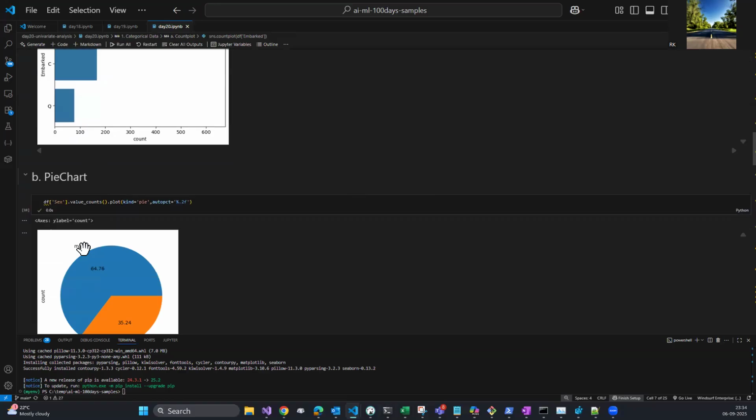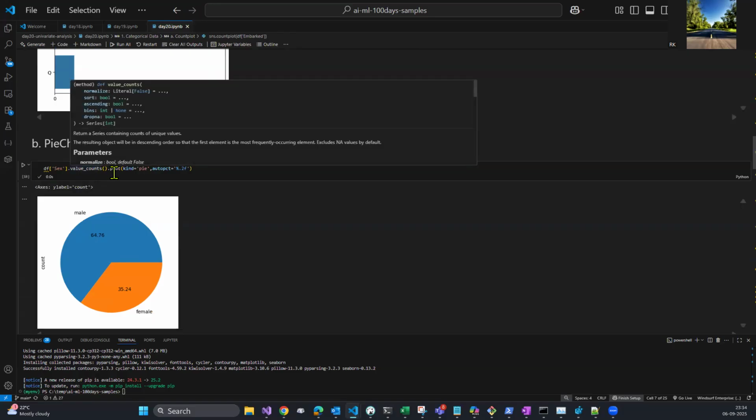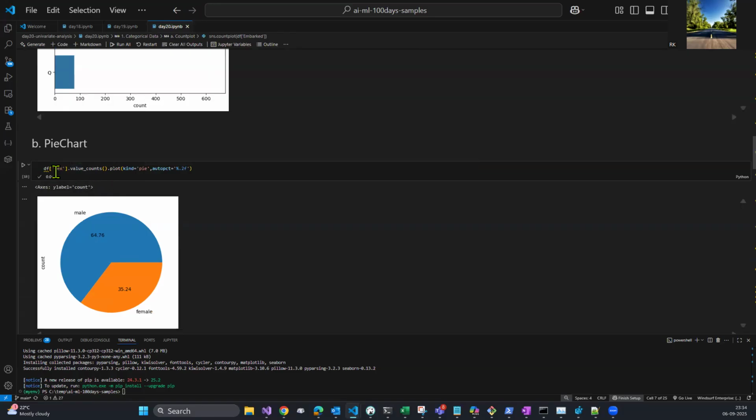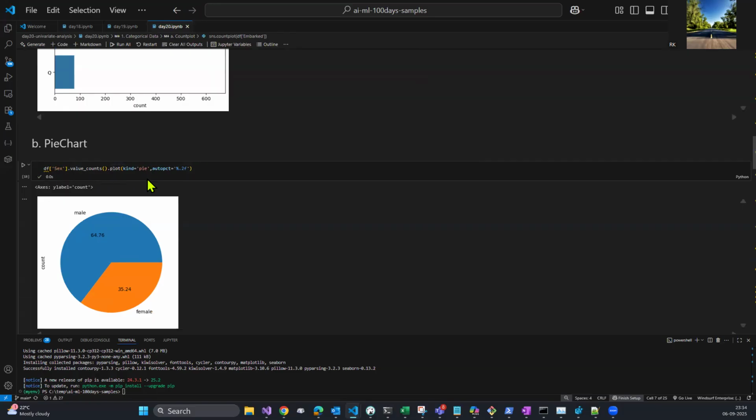Another representation is the pie chart. This is another good way to visualize the overall ratio. Here we are going to group and categorize based on the sex, and we are plotting a pie chart.